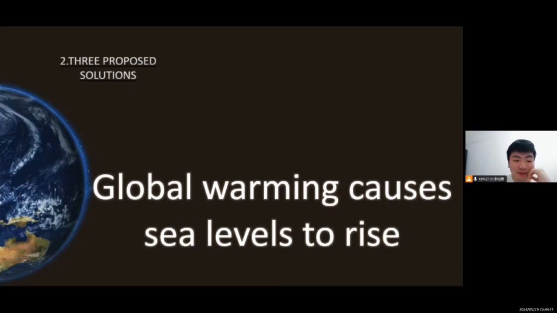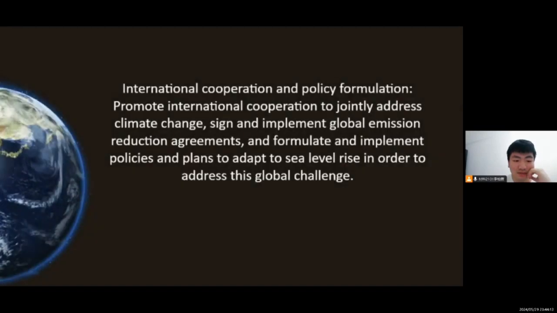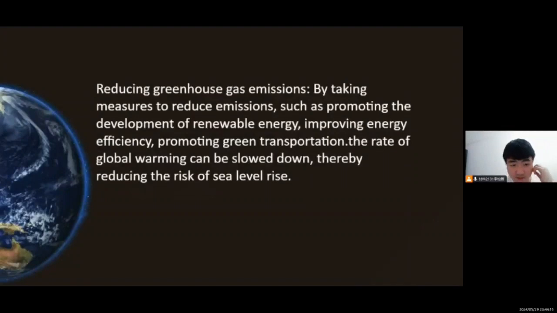And the first one is reducing greenhouse gas emissions.